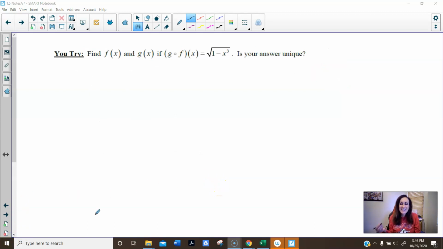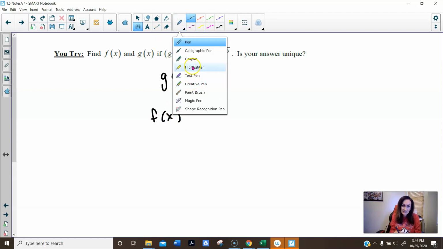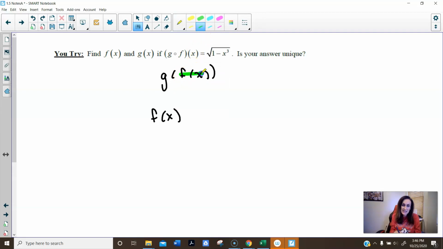Challenge on the U-try is you've got g of f of x, and you are going to tell me what is f of x, and f of x is the inside of the function. So think of this as the inside of the function.